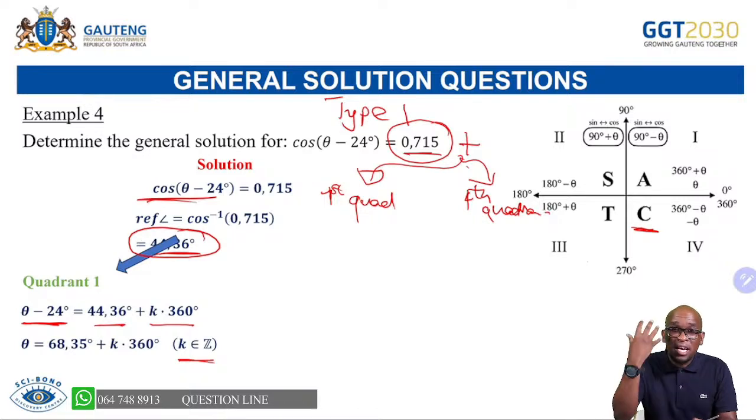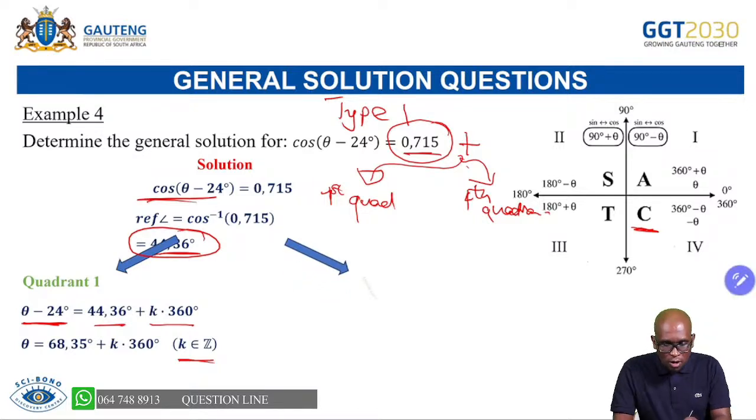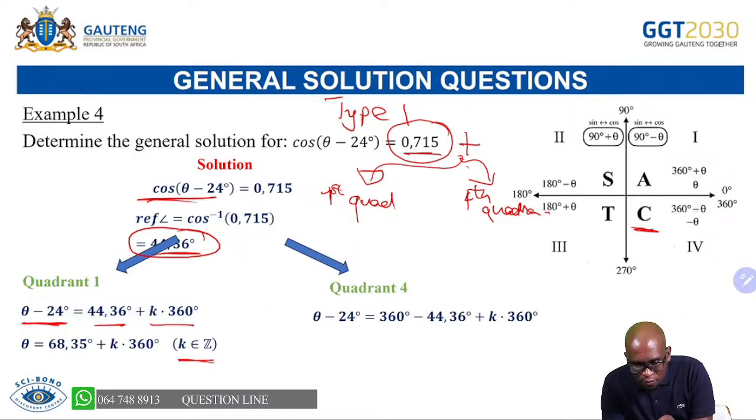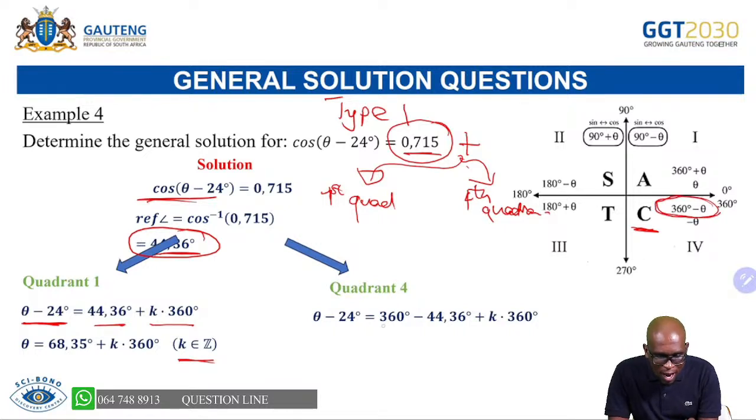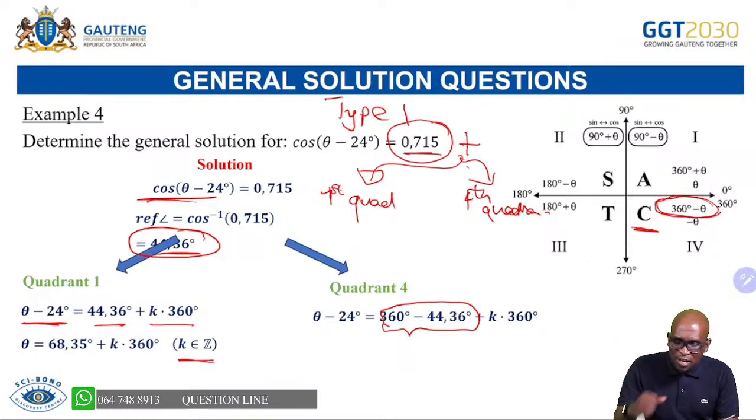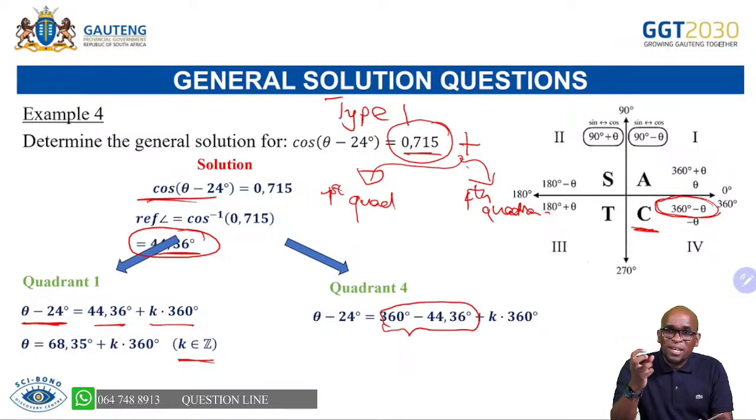Now we need to locate the solution in the fourth quadrant. In quadrant 4, what do we see here? We know in quadrant 4, we must say 360 minus. That is why I used 360 minus the reference angle, because in the fourth quadrant, the instruction is 360 minus.